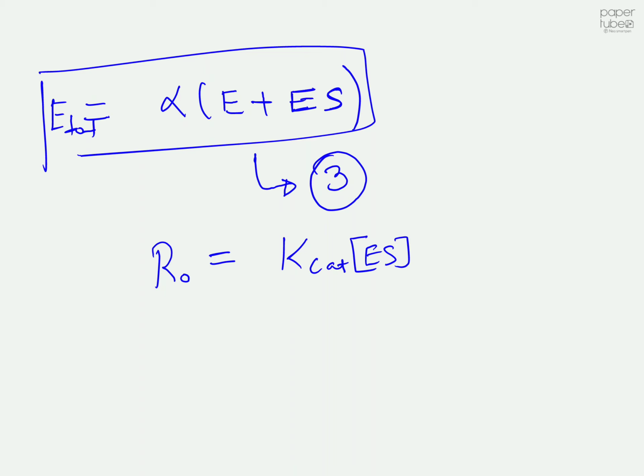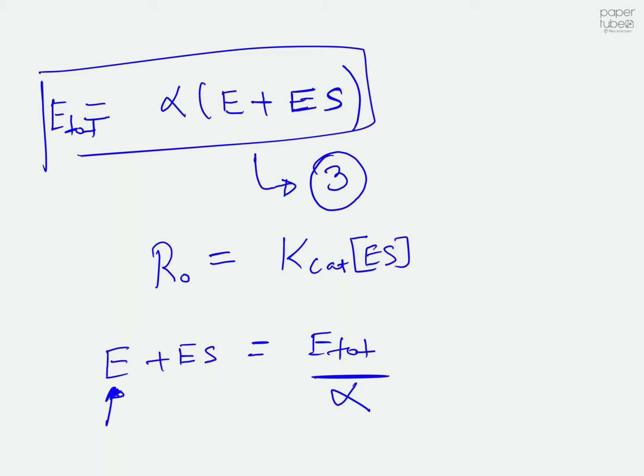We can rearrange equation 3, that's the easiest way to deal with this. E plus ES is equal to E total divided by alpha. Then we can also replace E with the enzyme substrate complex.